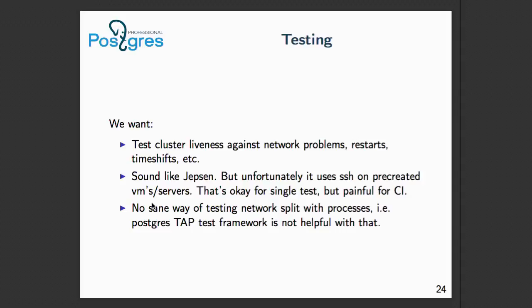And there is the TAP framework inside Postgres core, but it spins up a cluster using several processes inside one operating system, assigning different ports to different PostgreSQL instances. And there is no really simple way to test for network partitions in that scenario, because you have to somehow control how the operating system assigns new outgoing ports.